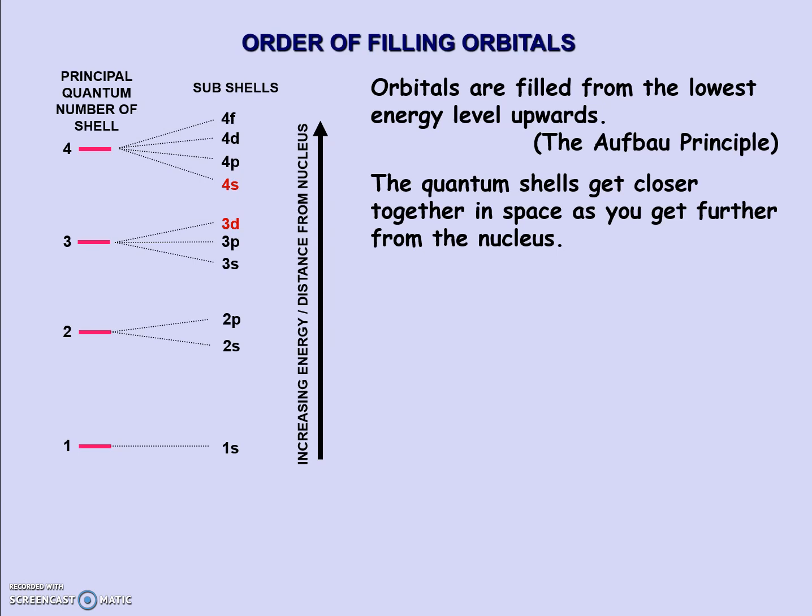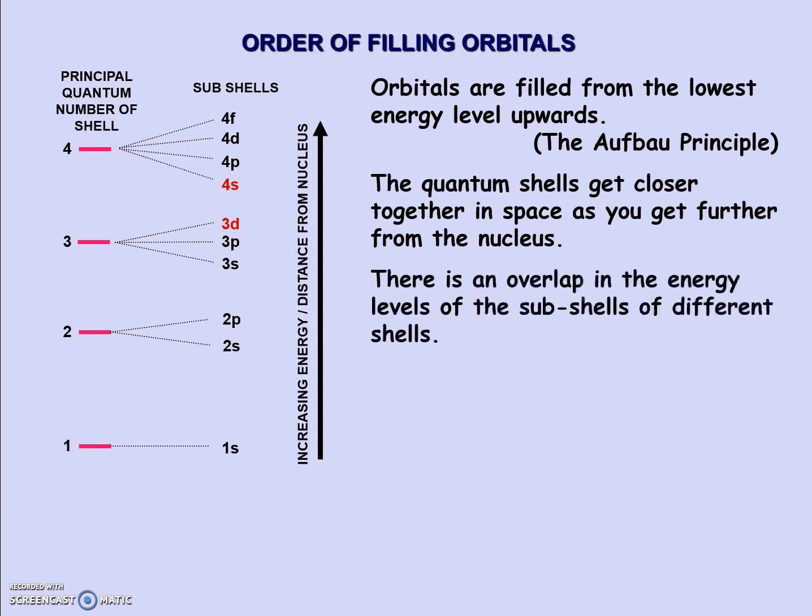Now, as you get further away from the nucleus, the quantum shells get closer together, and you do start to get some overlap in the energy of the subshells.